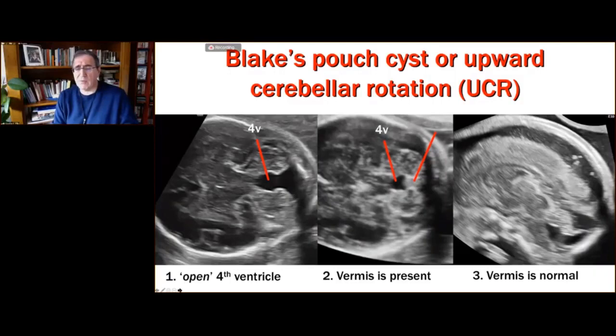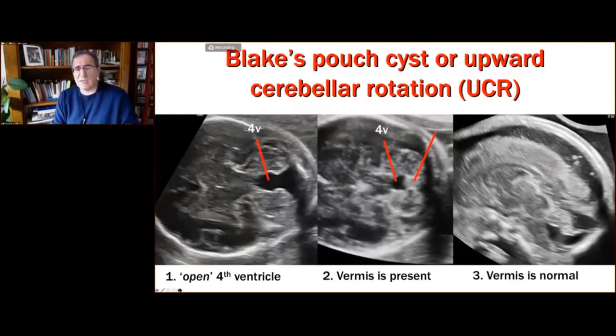Now, we were discussing before about caution. We made some terrible mistakes with this anomaly, because in the 80s, you have to understand that we used to make diagnosis of cerebral malformation mostly with axial planes.